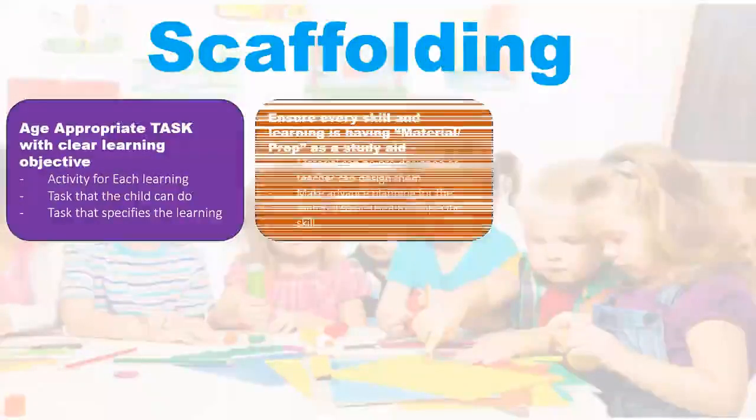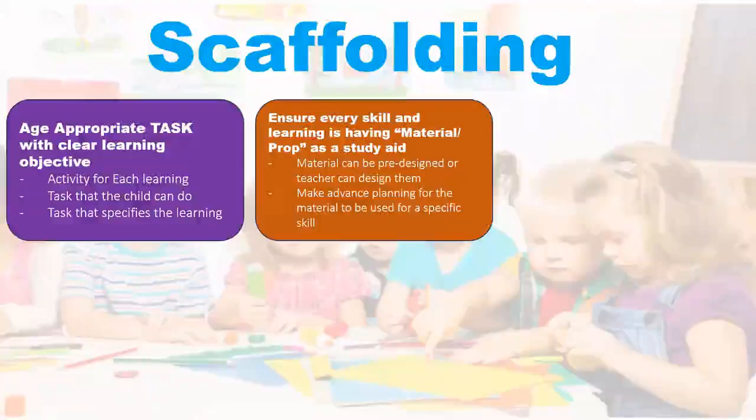Then the second component of scaffolding talks about the material or prop that we use in the activity. It should be properly defined, and there must be some objective and some connection to the material that we use as part of the scaffolding process. The material can be designed by the teacher, or if teachers do not have proper time and other support systems, they can get pre-designed material available at different places.